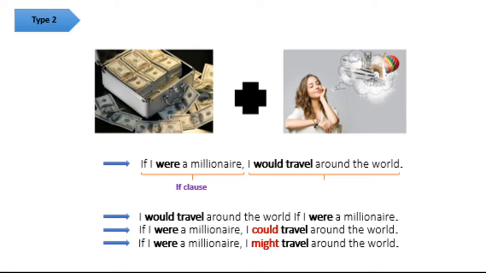It's just hypothetical. So if I were a millionaire, I would travel around the world. But I am not a millionaire now. I am just imagining. This is something that it's not real in the present. Okay, I can also say if I were a millionaire, I could travel around the world, or I might travel around the world.